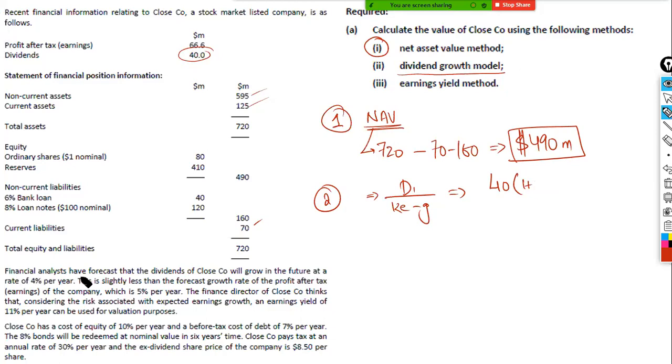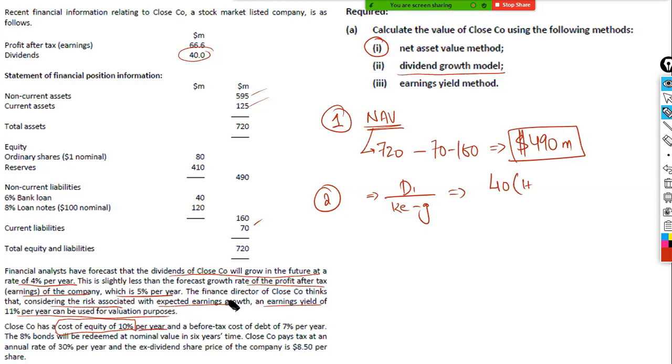Financial analysts have forecast that dividends of closed company will grow in the future at a rate of 4% per year. This is slightly less than the forecast growth rate of profit after tax earnings of the company, which is 5% per year. The finance director of closed company thinks, considering the risk associated with the expected earnings growth and earnings yield of 11%, closed company has a cost of equity of 10% per year.